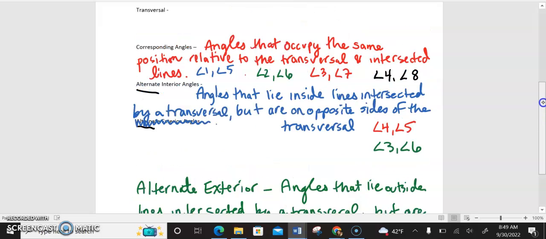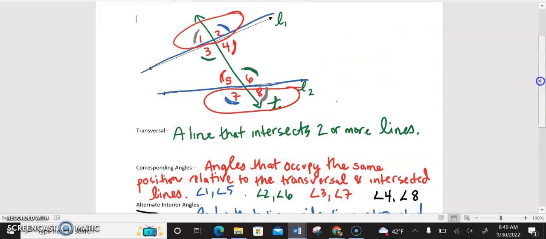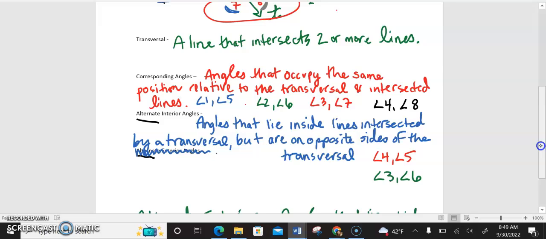And again, those angles that we created were 1 and 8 and 2 and 7.